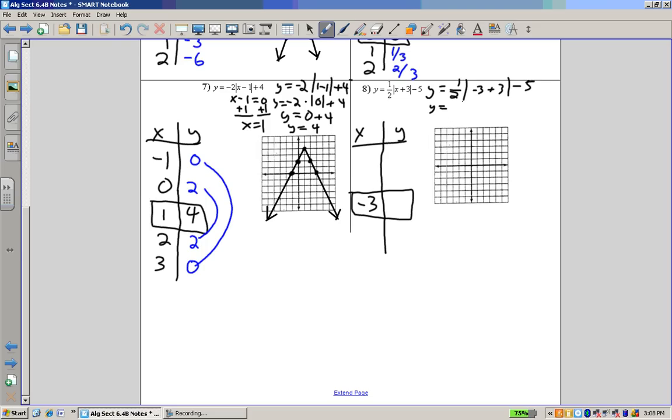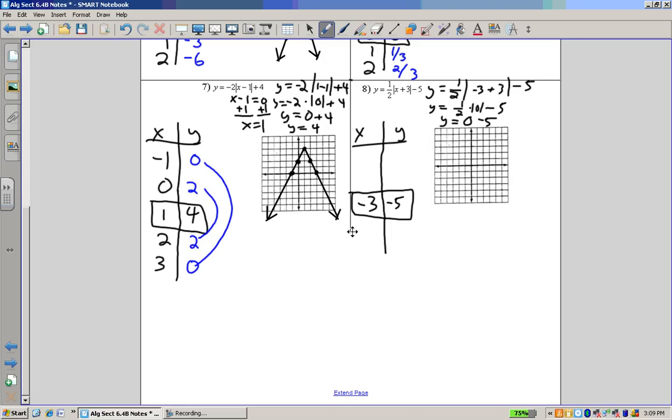So y equals 1/2 times the absolute value of 0, minus 5. The absolute value of 0 is 0. 0 times a half is 0. And 0 minus 5 is negative 5.